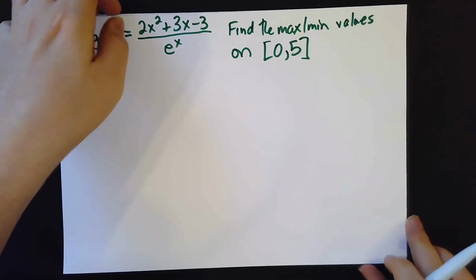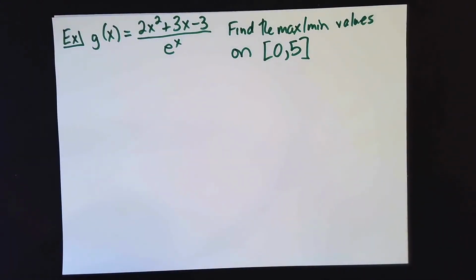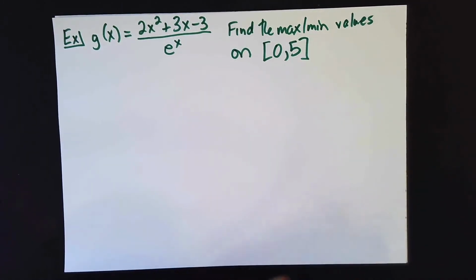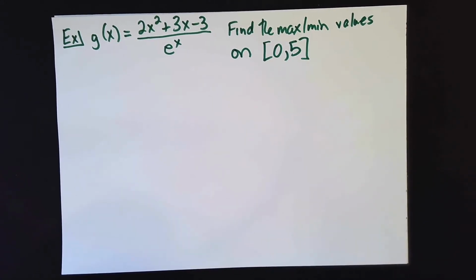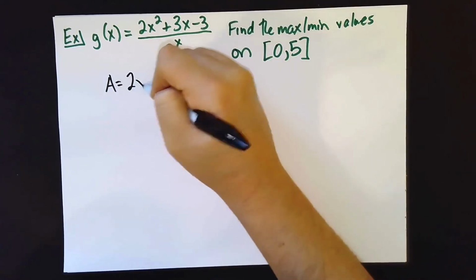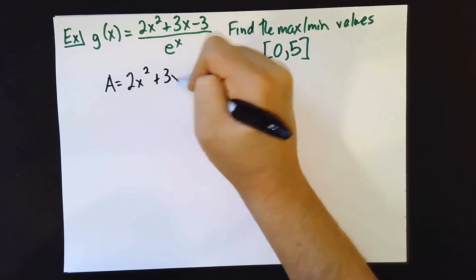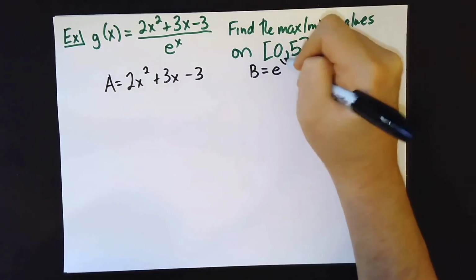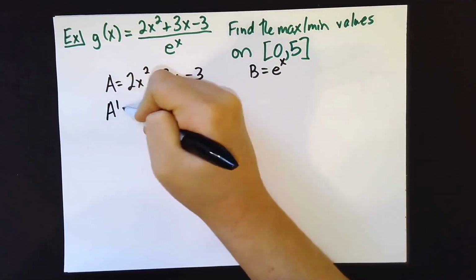I'll do one last example here of applying the closed interval method. So here we've got a function. And again, in order to find the critical numbers of this function, I'm going to need to use the quotient rule. So I'm going to write down my numerator and the denominator and their derivatives.